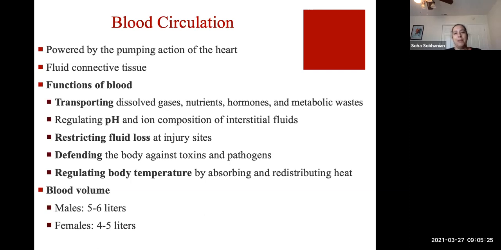Now, when you compare male and female, males have slightly more blood, about 5 to 6 liters on average, compared to 4 to 5 liters for females. The main reason why males have more blood is they have larger muscle mass. How do they produce the extra blood?